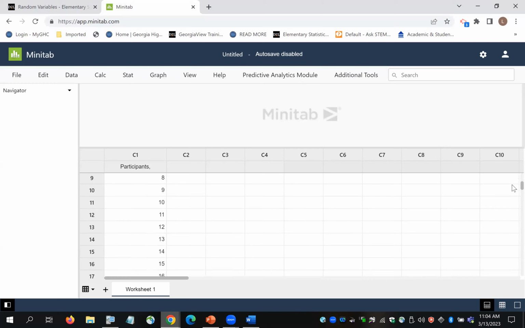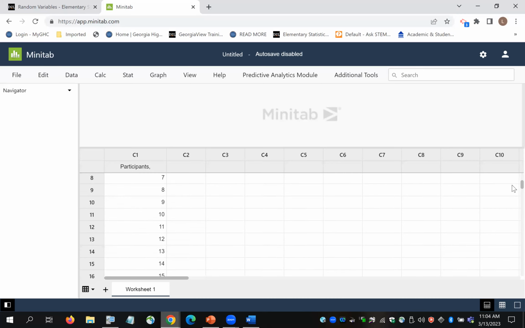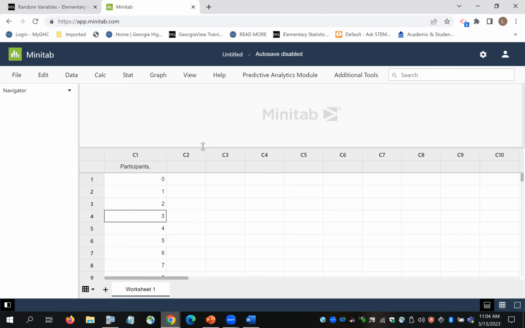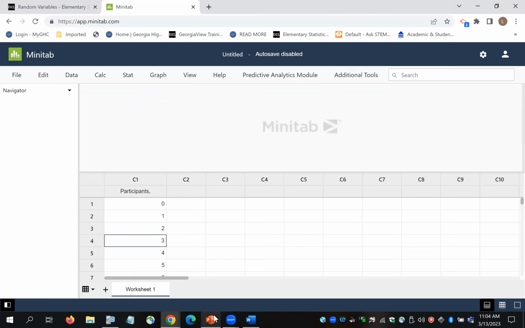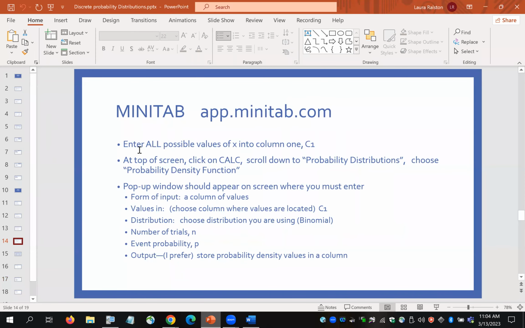I stop at 20 because I know that's the total number that I'm going to survey. So I list out from 0 to the total number in my sample. So you have that data entered. Again, I tell you to do that on slide 14: enter all possible values of X into column 1.